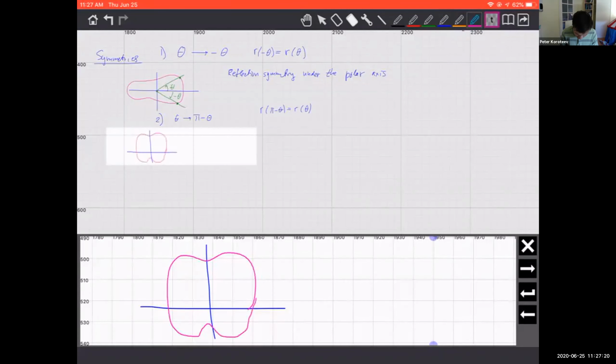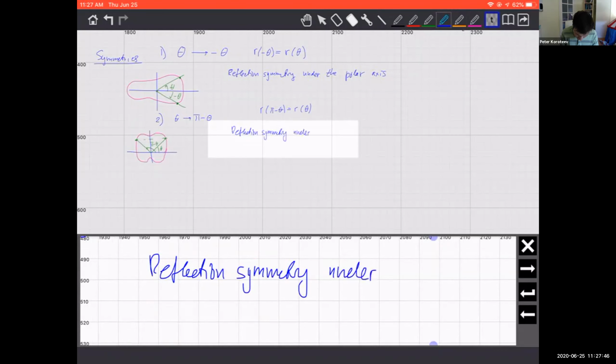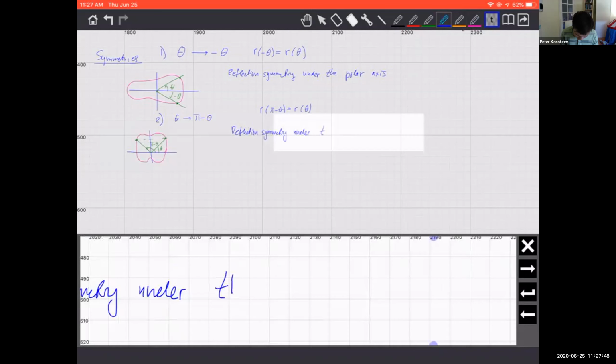You can draw something that looks like a cardioid. And so this is theta, and this is pi minus theta. So that gives us reflection symmetry under the vertical axis.